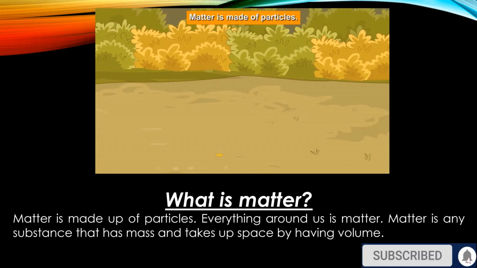Everything around us is matter. Matter is any substance that has mass and takes up space by having volume. So anything around us which takes up space and has volume is called matter.